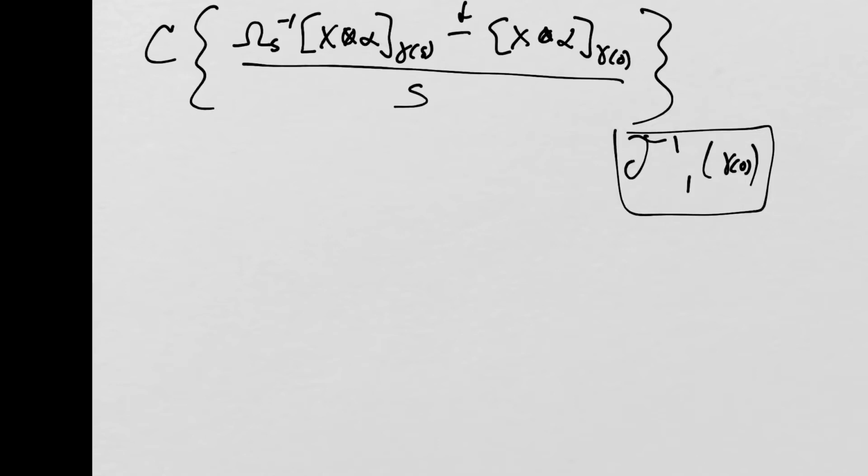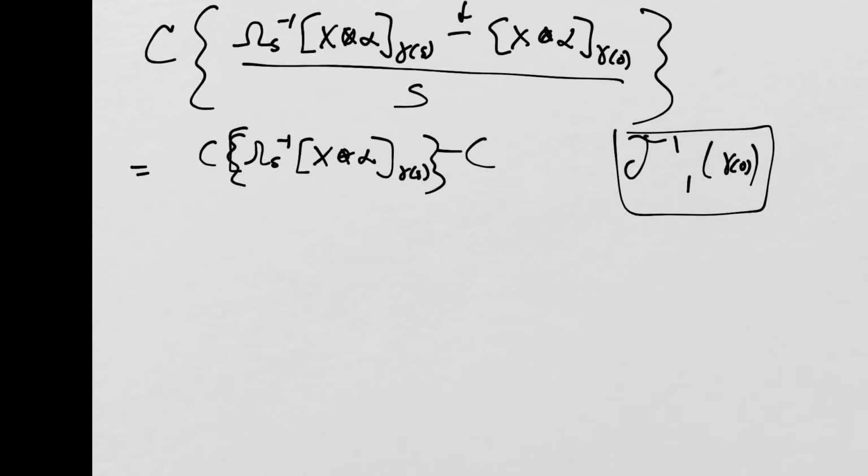So we're going to then conclude that this thing equals the contraction of the inverse x tensor product alpha gamma s minus the contraction, I guess I should put braces here, minus the contraction of x tensor product alpha gamma 0, 1 over s, right?